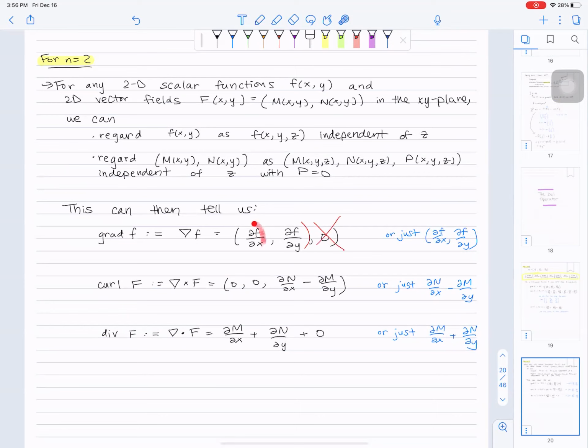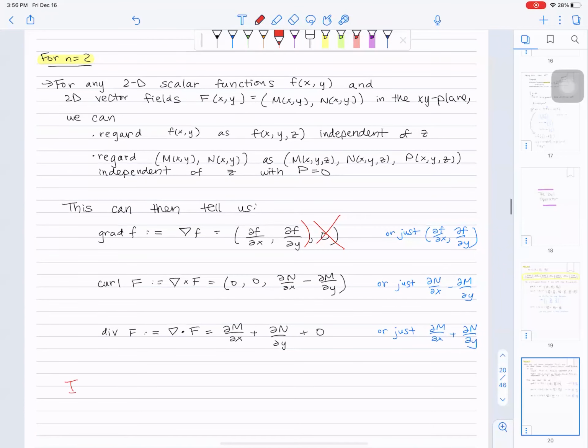What's important to note for the curl in 2D is that if you calculate the actual curl, you'll see that you get 0 for the first 2 components. So when you're in 2D, you only get the k component of the curl.